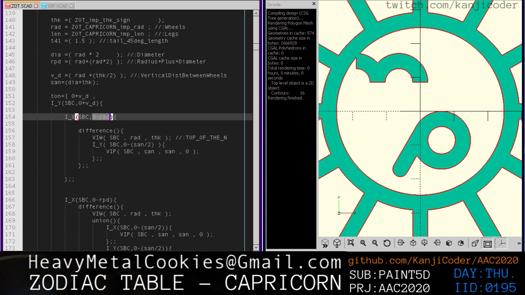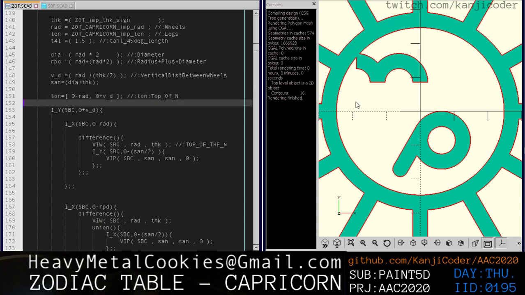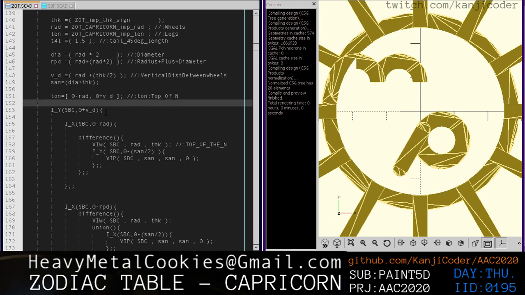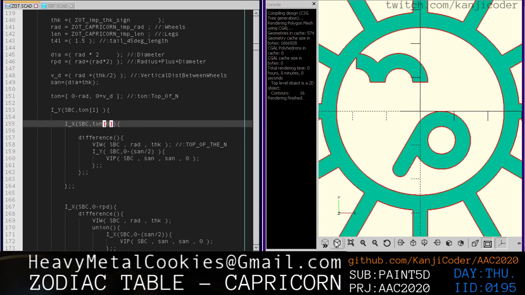Okay, and this is the x-axis offset. So we're going to take those. So, top of N. Okay, put that in there for a second. And then what we're going to do is we're going to do some substitution. And for the y-offset, right, this plus VD, we're going to use the y-axis. And then for the x-offset axis, we're going to do the same thing, but it's going to be the first parameter, which is the x, right? So now if we do this, F4, we still have everything in the same exact place, right?